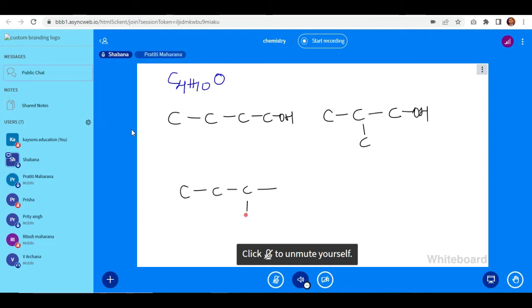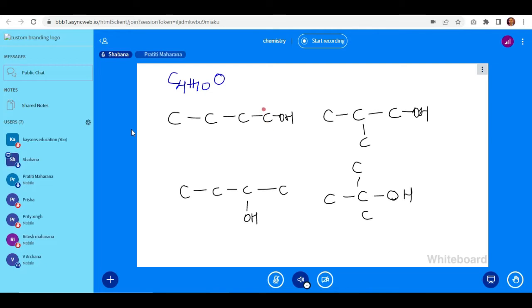This is the first position, so the other would be the second position. This possibility is there. Next, all carbons can be attached like this. That's it, right? Four alcohol possibilities. Rather than that, nothing.